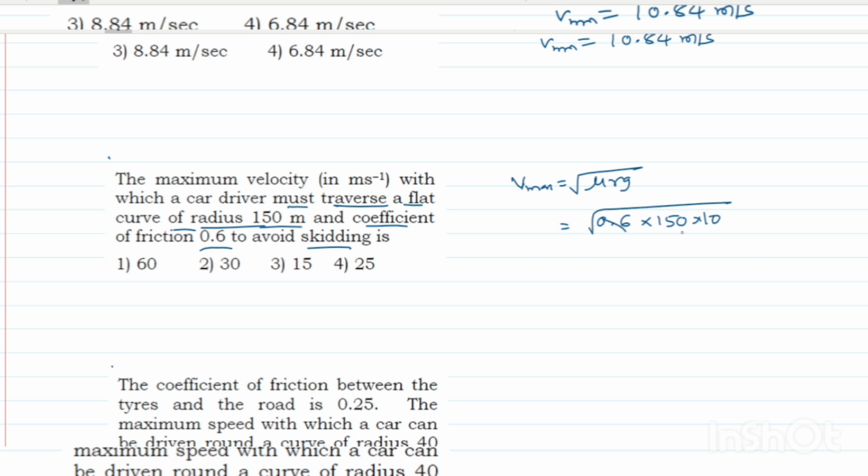The decimal cancels, and 150 into 6 gives 900. So 900 under root, which means the maximum V is 30 meter per second.